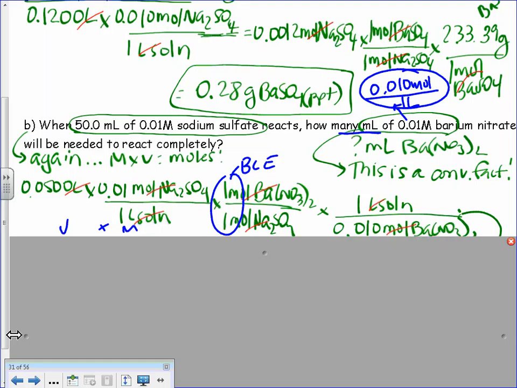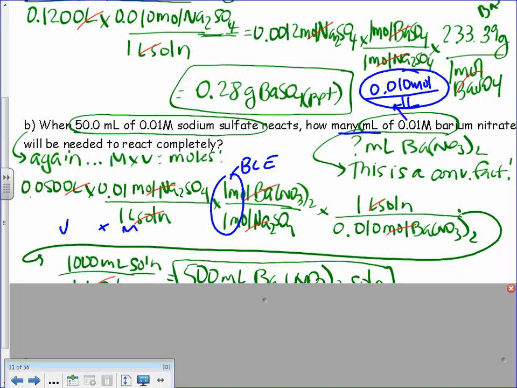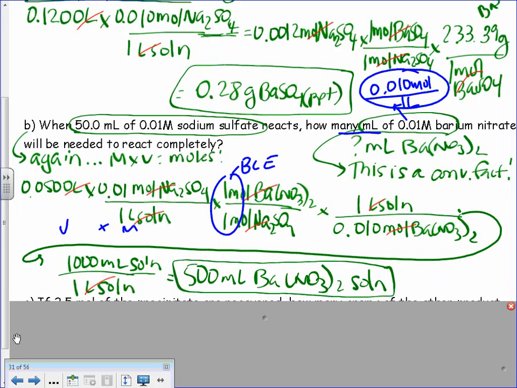It's just a tool for you to use if you're trying to get from moles to a volume of solution. So this is moles per liter, and that liter, since it's asked to go to milliliters, I just had to do that last step of getting from liters to milliliters, which is a metric conversion of 1,000 milliliters per liter, and that in the end gave me 500 milliliters. Actually, no, I think this one I needed to fix the decimal.